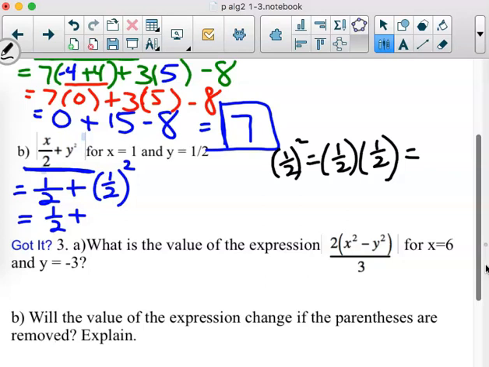And when you multiply fractions, you multiply top times top, numerator times numerator, and bottom times bottom, denominator times denominator. So that's going to be 1/4.